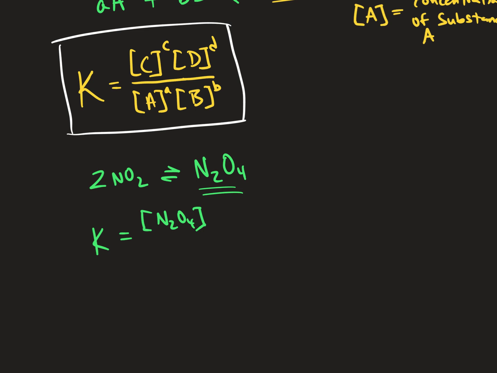So we don't even have to write the 1 power, because it doesn't really change anything mathematically, right? Divided by the concentration of our reactants, in this case there's only one, raised to what power? 2, the coefficient of that reactant. You with me? That's it.